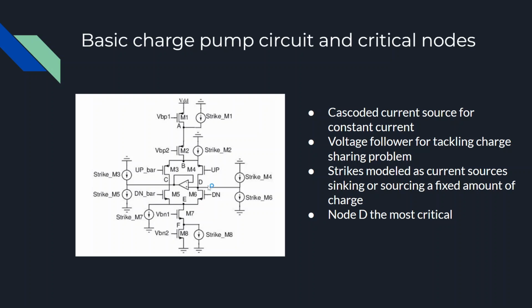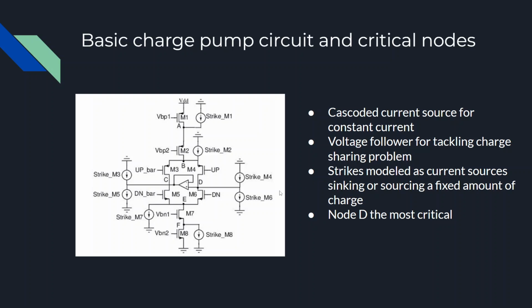And then, as we can see, there is a PMOS driven by the up signal from the PFD and an NMOS driven by the down signal, which control whether the current is to be sourced or sunk into the node. But we can also see there is a PMOS controlled by the up bar signal and an NMOS controlled by the down bar signal, which are there to tackle a problem called charge sharing.